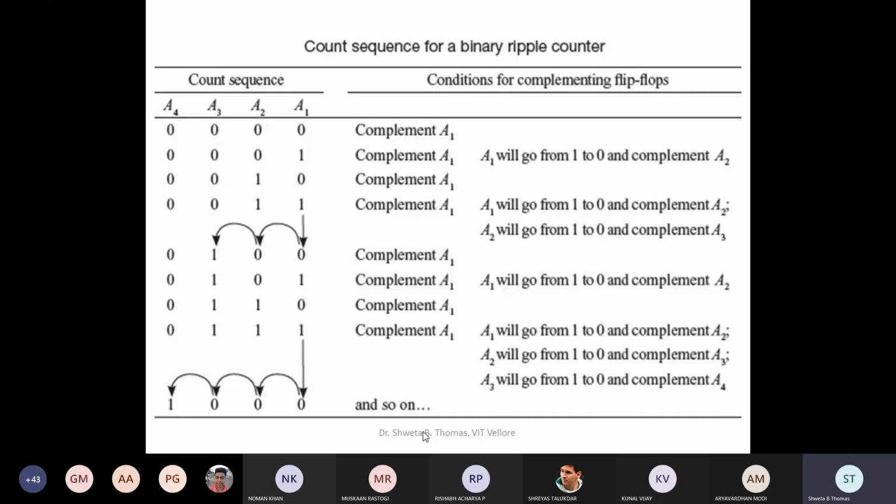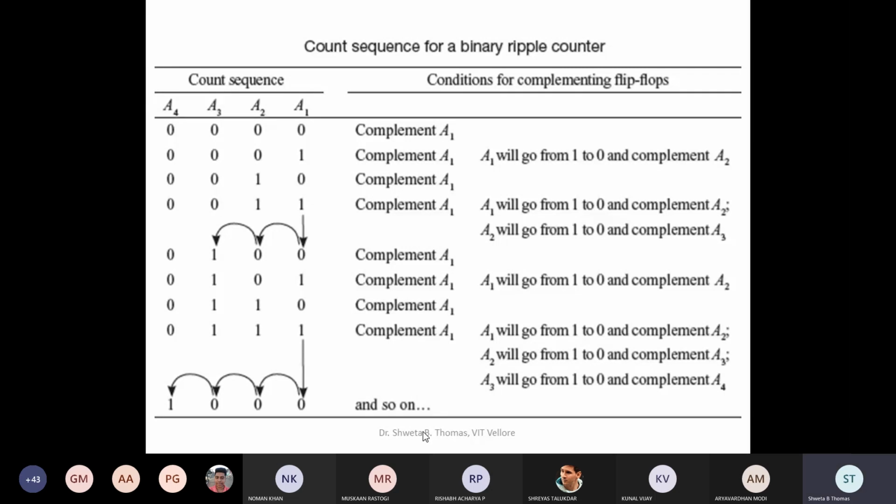Now since A2 also goes from 1 to 0, it complements A3. That's why the next entry is 0100. Again, A1 complements, 0 becomes 1, but it won't complement A2 because 1 has not become 0. So the next entry is 0101. Next, when A1 complements from 1 to 0, it complements A2.